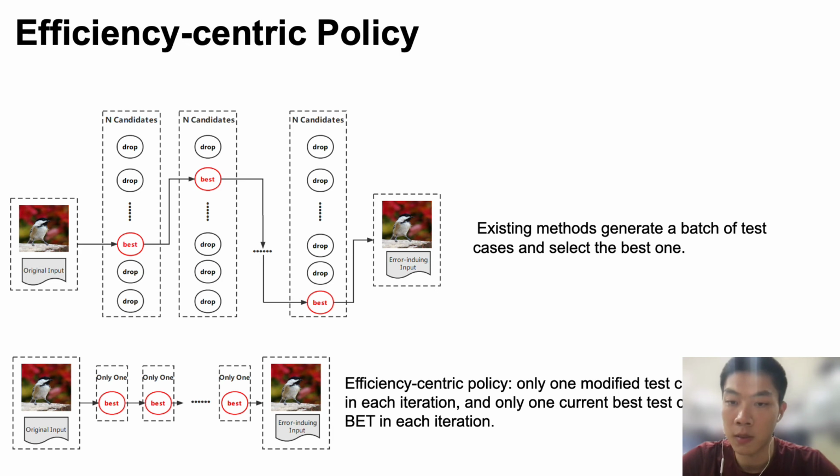Different with existing methods, we propose an efficiency-centric policy to improve the testing efficiency. In detail, we only generate one test case in each iteration. We further validate our efficiency through modeling the testing process and the stochastic gradient algorithm. The proof process is omitted here.